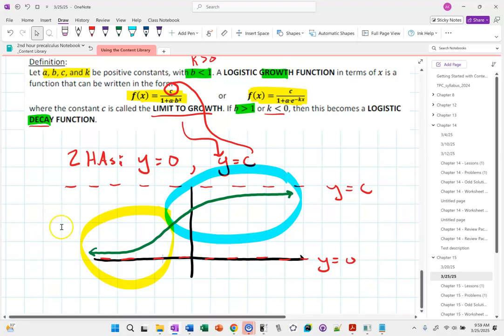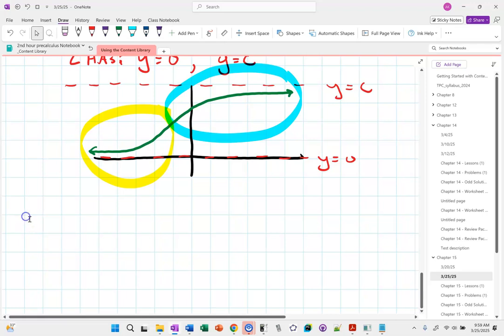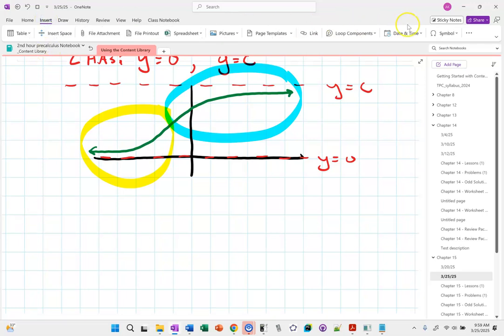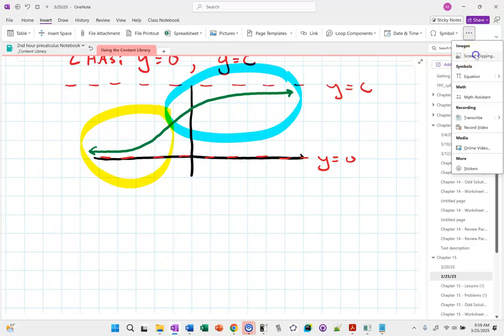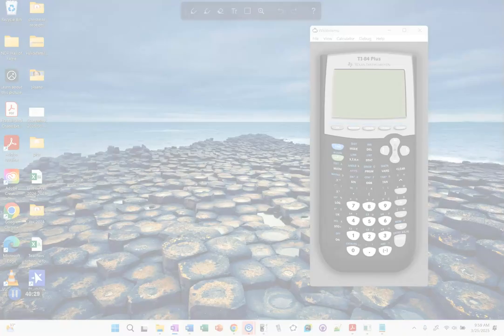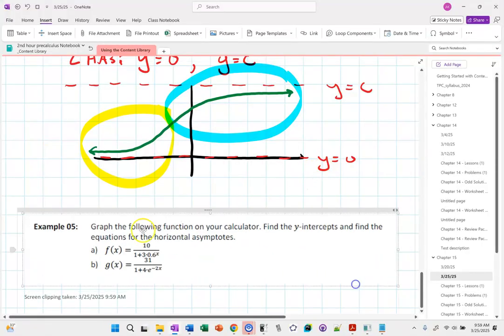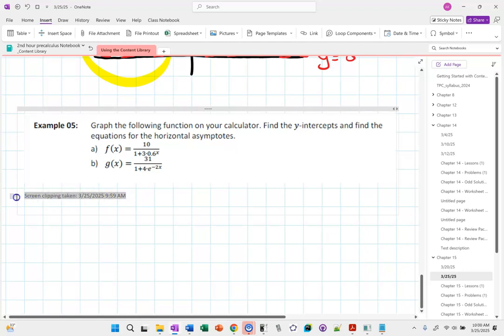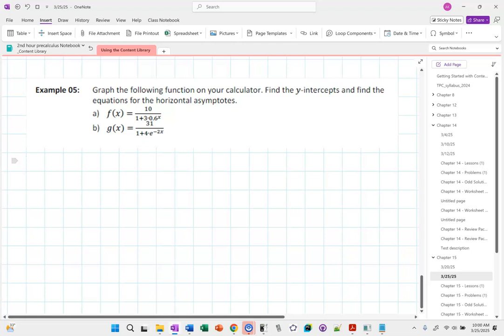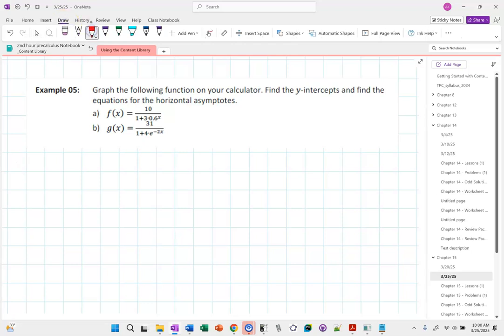So let's take a look at some examples here. It says graph the following functions on your calculator, find the y-intercepts, and find the equations for the horizontal asymptotes.